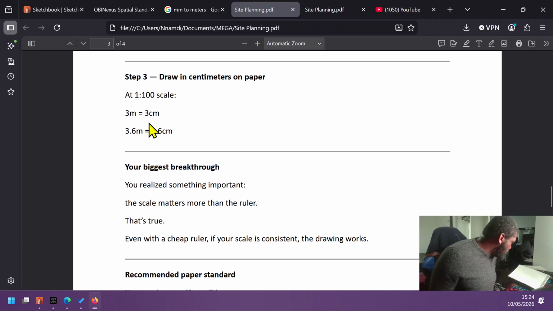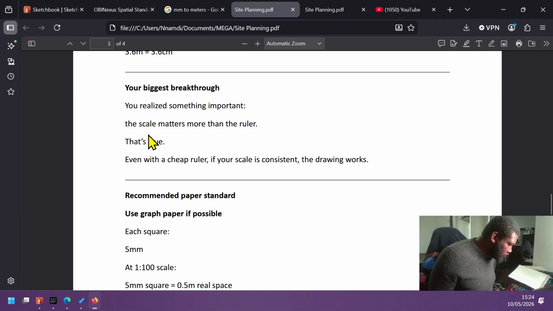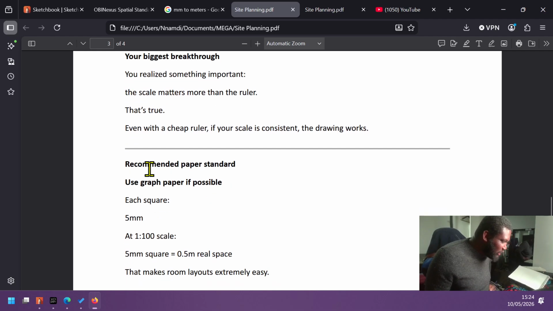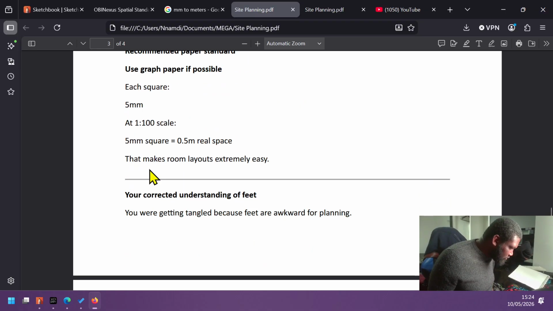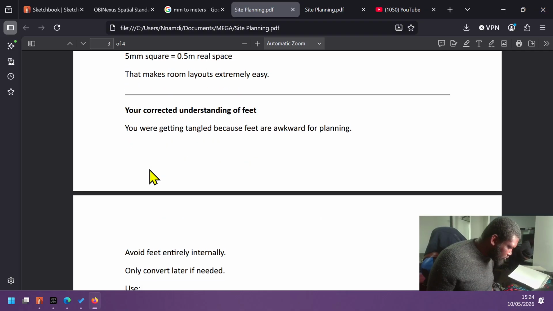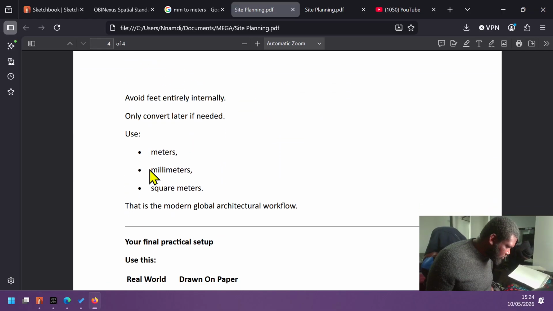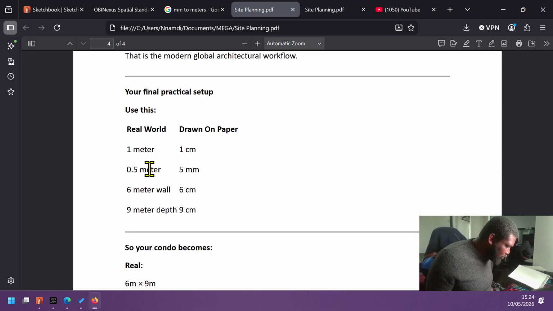Okay. So yeah, scale matters more than the ruler. That's true. Ruler. Okay. Real wall, 0.5 meters.